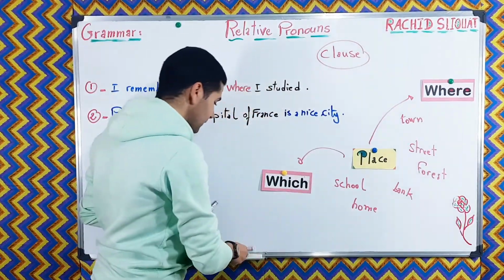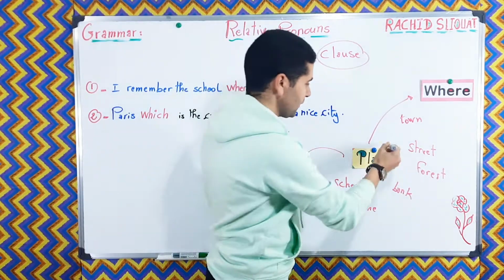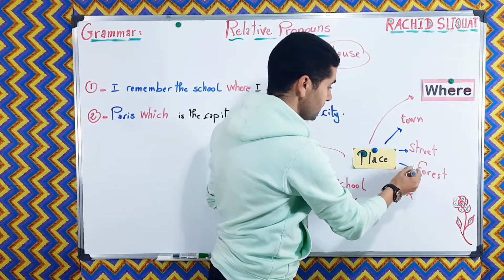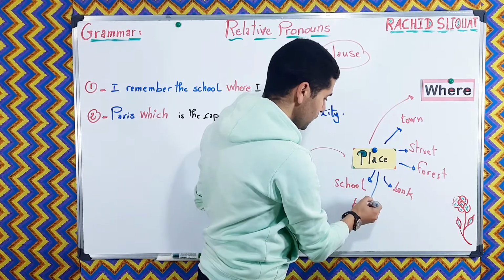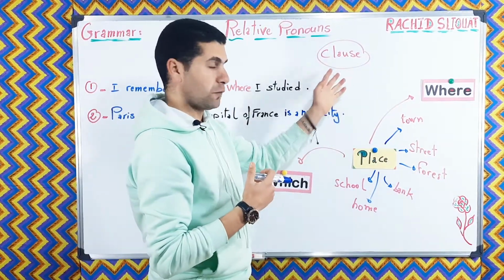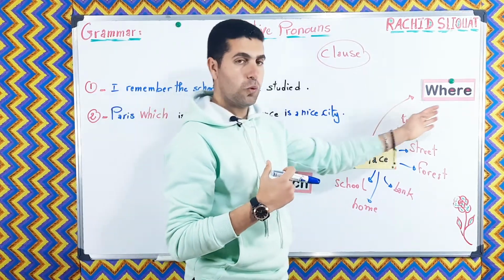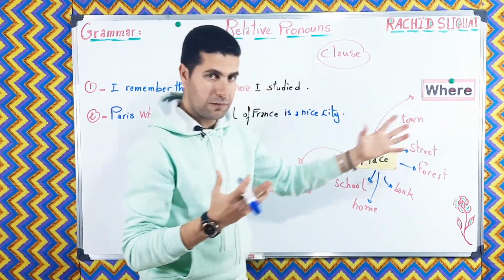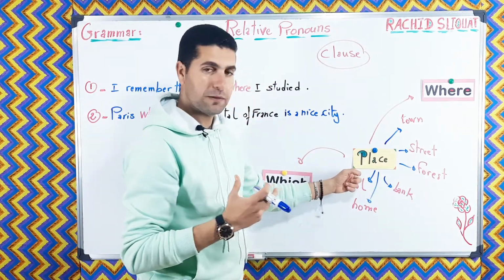All these are examples of places. So when we use such examples of places in clauses, we use either which or where.